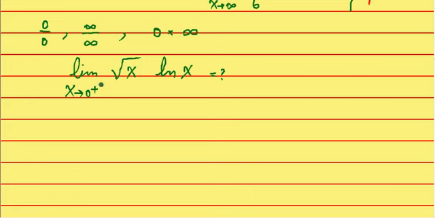Let's first explain that this is in fact an indeterminate form. When x goes to 0, what happens to radical x? Well, that becomes 0. How about logarithm of x? If you remember, the graph of logarithm of x looked something like this. This is the graph of logarithm of x. At x equal to 0, what's logarithm of 0?